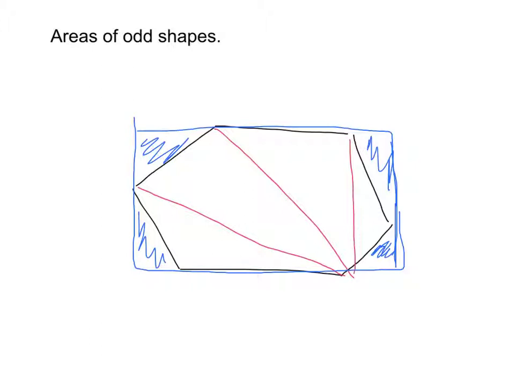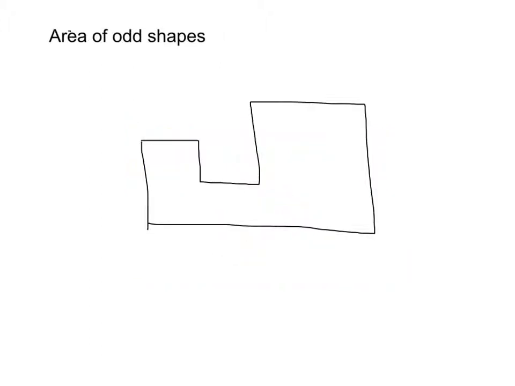So enclosing your shape in another shape is a very good idea in a case like this where you've got something that's sort of a rectangle to begin with. So you find the area of this larger rectangle, then break that smaller region into two other rectangular regions and calculate their area and take that away.